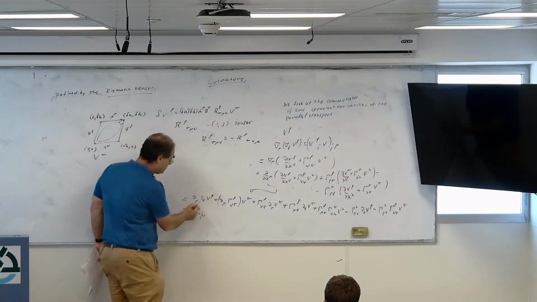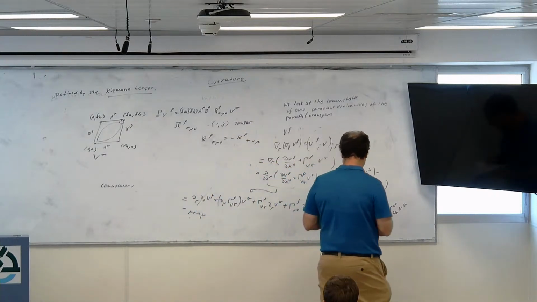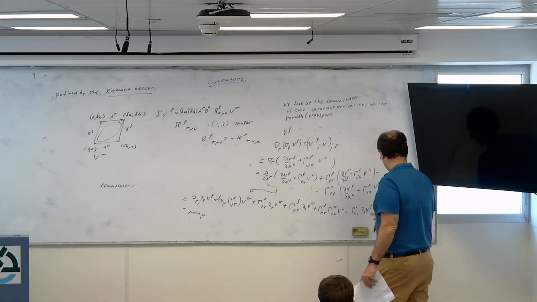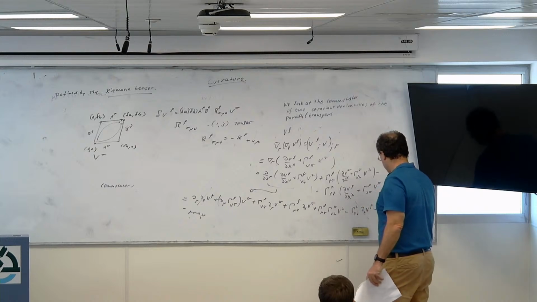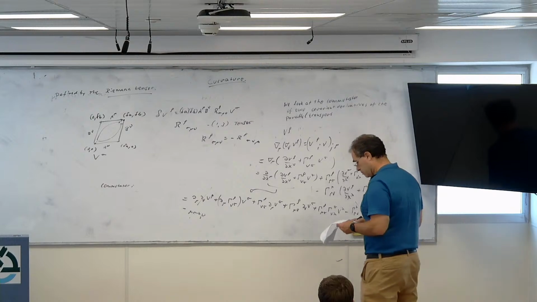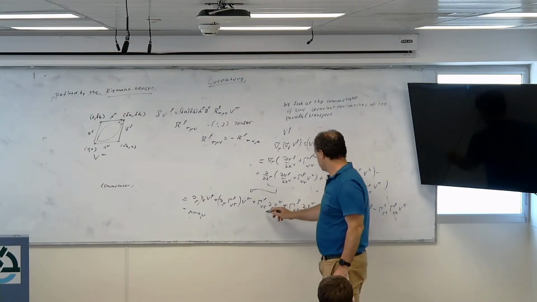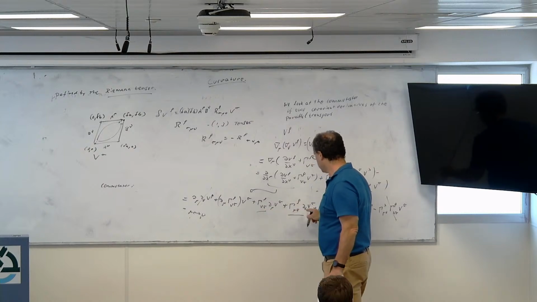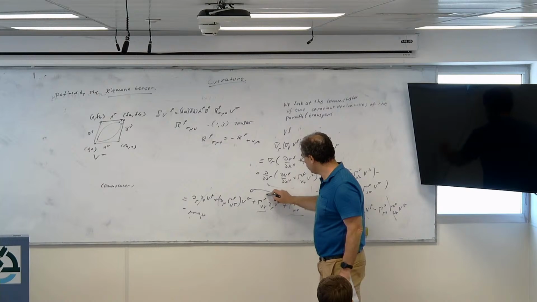These terms go away. Mu and mu exchange. This term goes away. This term goes away. Now these two, again, when I exchange mu and mu, they interchange with themselves, so they also cancel out.